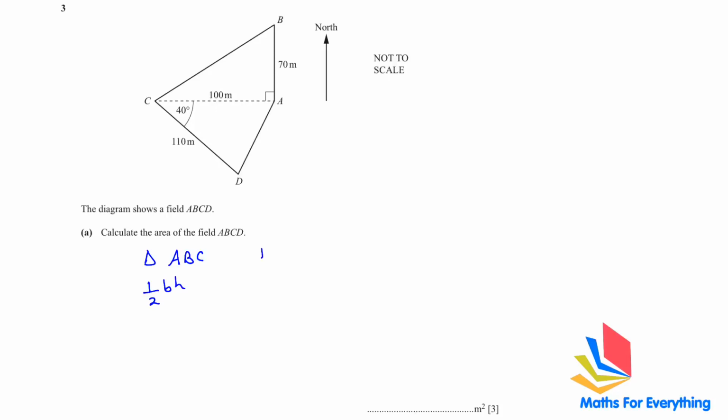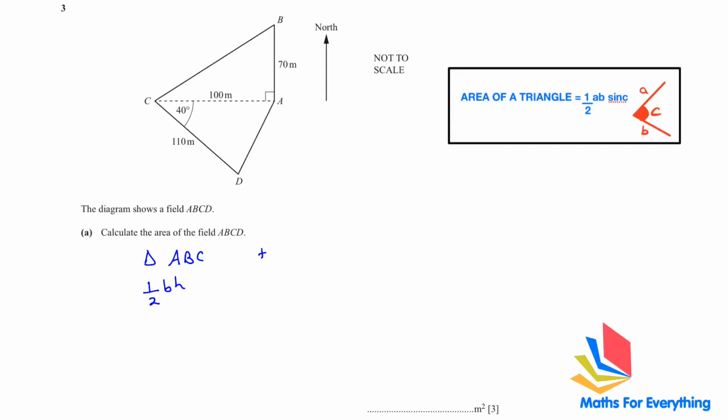To find the area of the second triangle, it's not a right angle triangle, then we use the sine rule. This is the formula we will use. Half AB sine C. A and B are the two sides and C is the included angle.